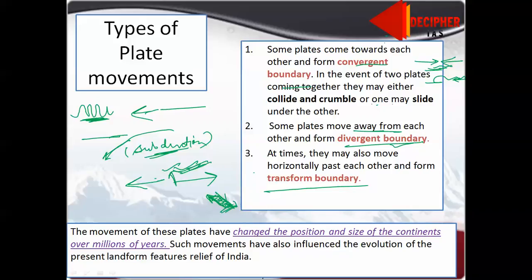This kind of boundary we find in the North Anatolia fault in Turkey, and also the San Andreas fault in California. Fine.